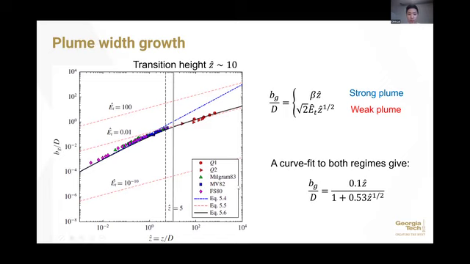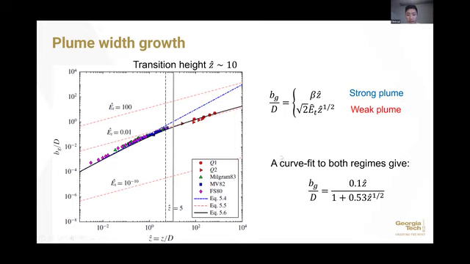Here we are showing you a plot of the plume width, the BG, and on the right-hand side we are showing you the asymptotic relationship. But if you do a curve fit to both regimes, which is represented by this dark line here, you can see it will fit the data well.